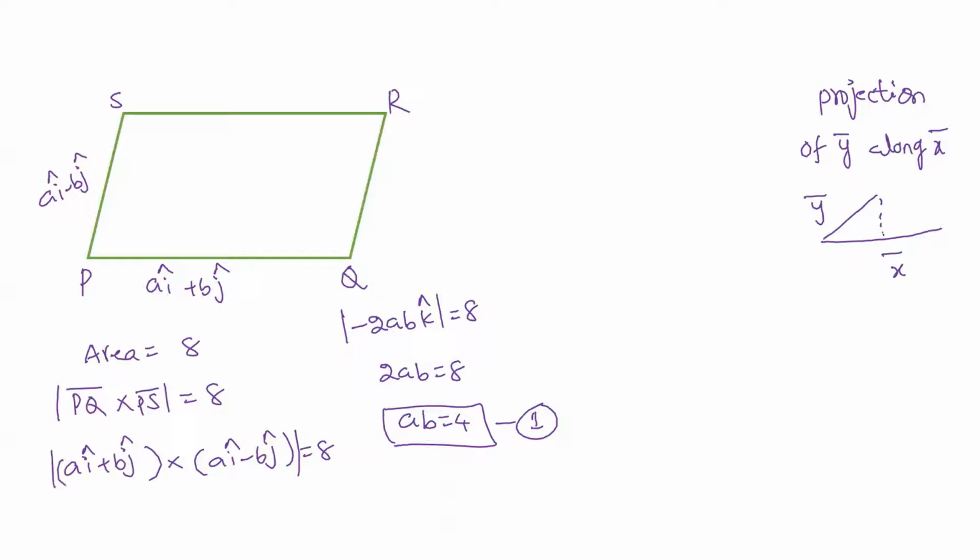To find out the projection of Y bar along X bar, this is going to be written as X bar dot Y bar upon mod X bar square into X bar, right? This is the vector projection, and as they have given, U bar and V bar are going to be the vector projections. So using the projection of Y bar along X bar formula, we can find out U bar and V bar. Okay, so let's proceed with that and find out those values.